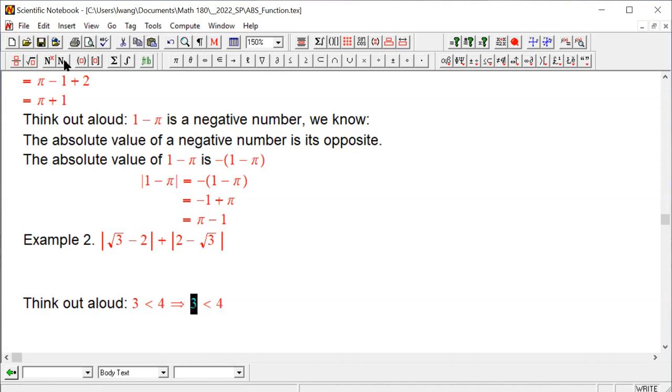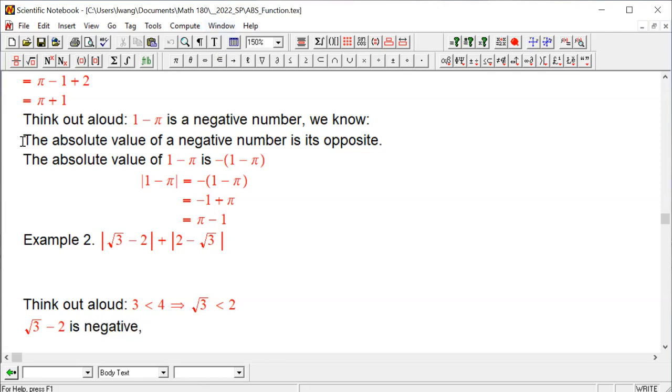If I take square root on both sides, it is still true. But the latter equals 2. Therefore, root 3 is less than 2. Now I know root 3 minus 2 is negative.